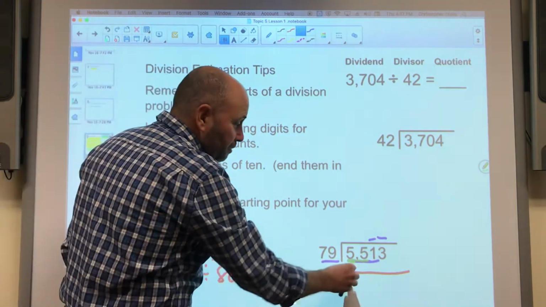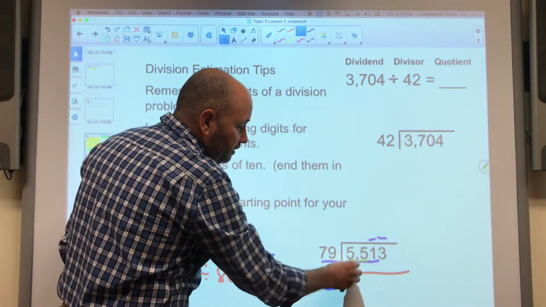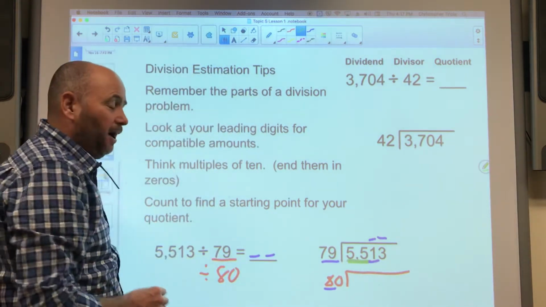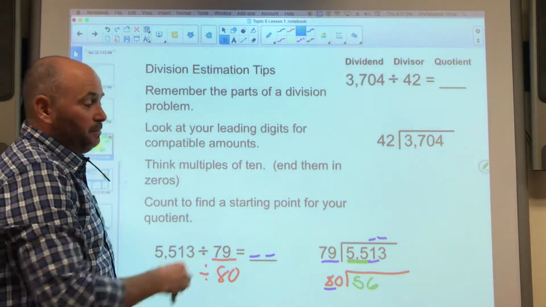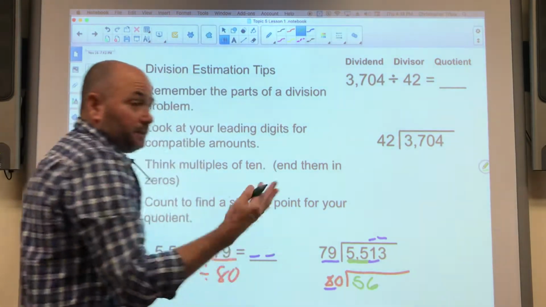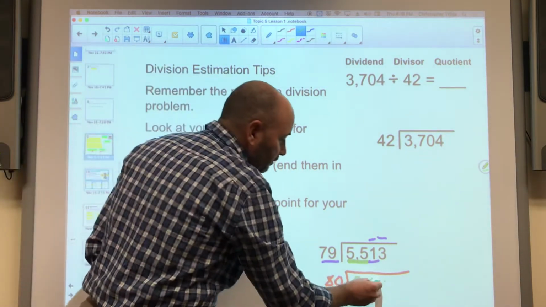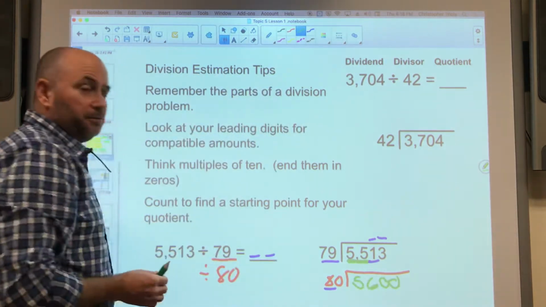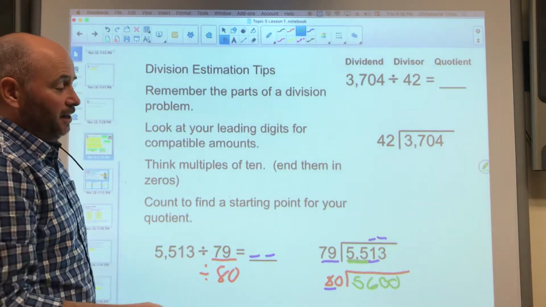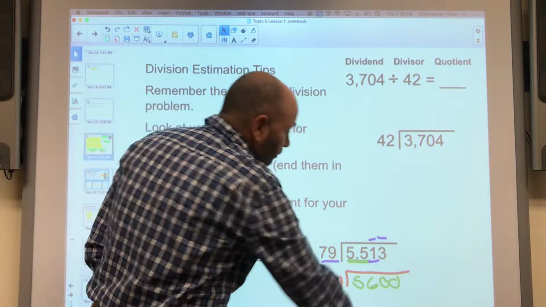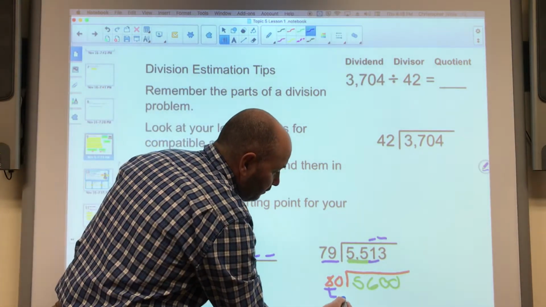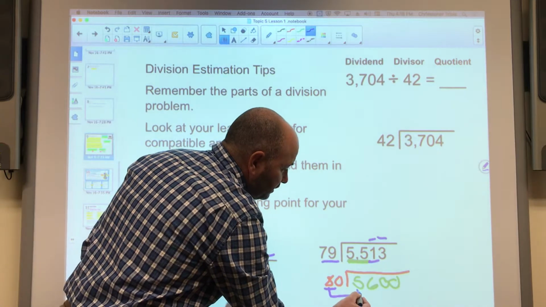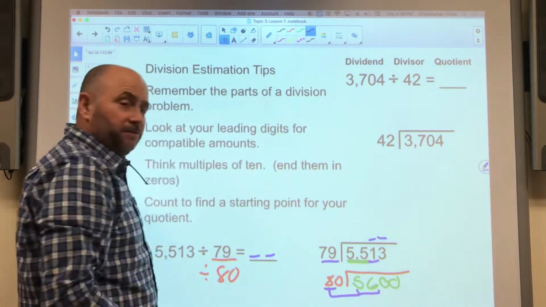Well, the nearest compatible number to 8 that is close to 55 would be the multiple of 56. Okay, because 8 can go into 56 7 times. So now all we have to do is bring down our zeros to create 5,600. And now we can actually come up with our 2-digit quotient by asking ourselves how many times does 8 go into 56?